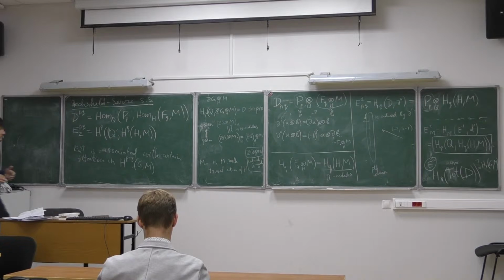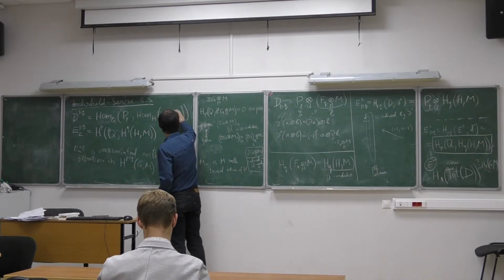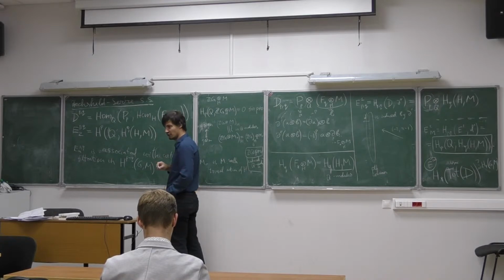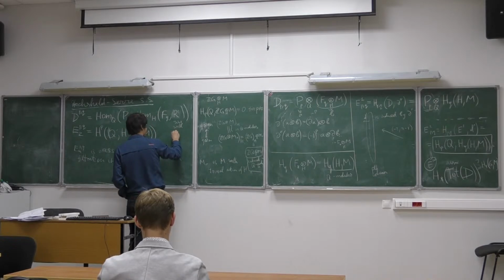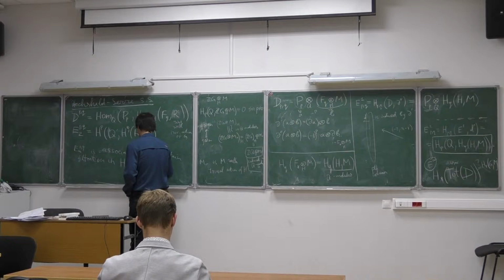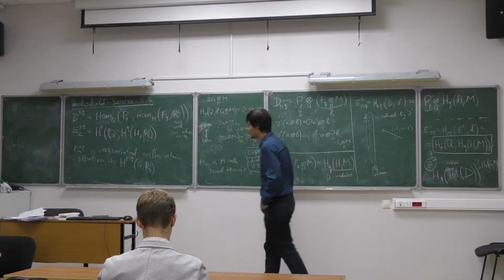So, first of all, this is the general situation, but now assume that here is some ring. So first of all, this is a ring, and this is a ring with trivial action of G. So we have an untwisted coefficient with trivial action of G. So we have the same things.